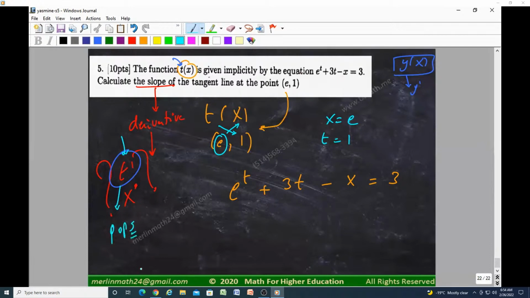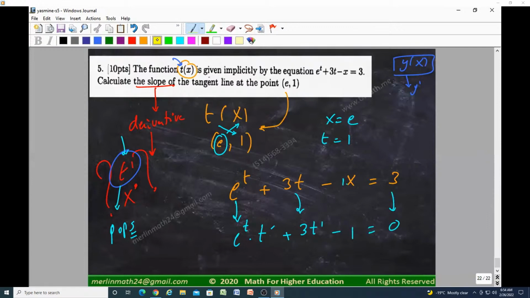So deriving e to the t is e to the t times t prime. Because you are after t prime, not x prime. Deriving 3t is 3t prime. Perfect. Deriving x is how much? It's the one here. Deriving 3 is 0. Perfect. Good.